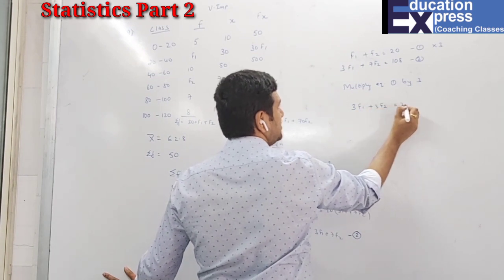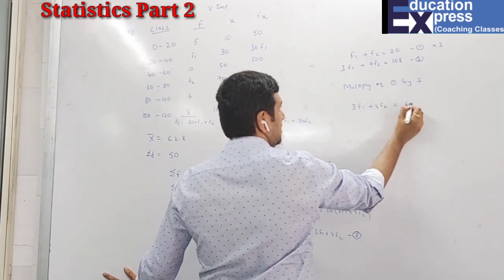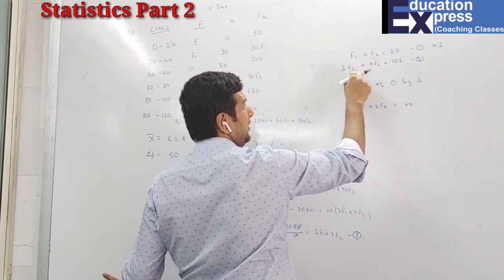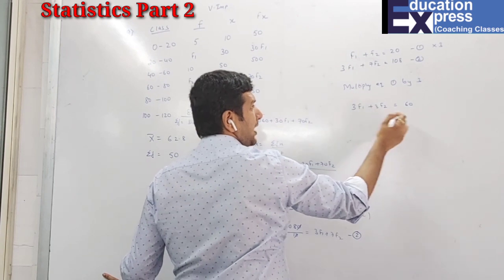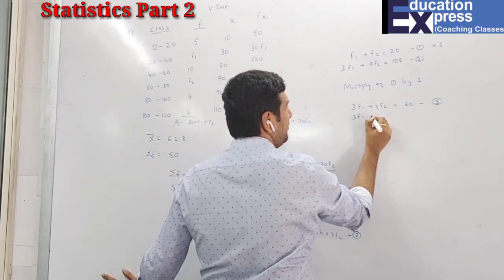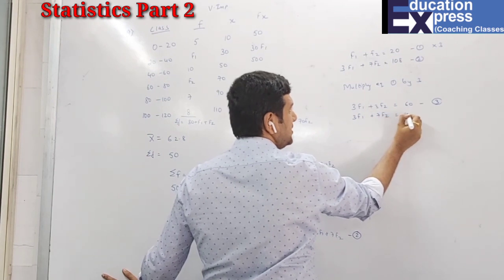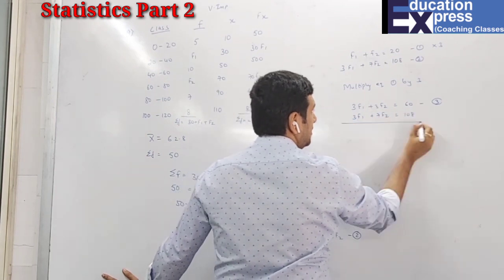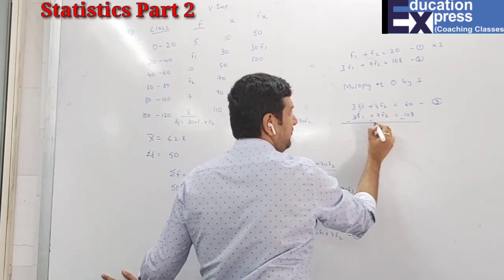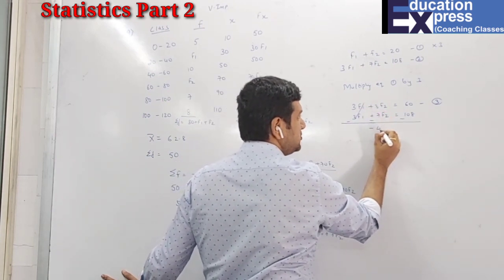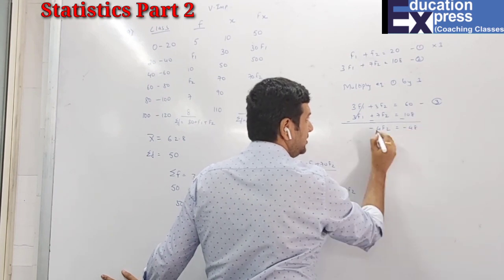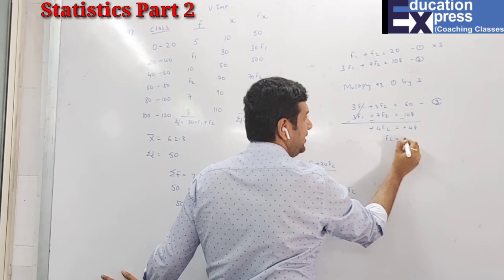Why do I multiply by 3, students? Because you have to make the coefficient of one variable the same, and the lowest is 3. This will be named equation 3. The second equation is 3f1 plus 7f2 is 108. On subtraction, 3f1 gets cancelled, and 3f2 minus 7f2 is minus 4f2, which is minus 48. So f2 will be 12.